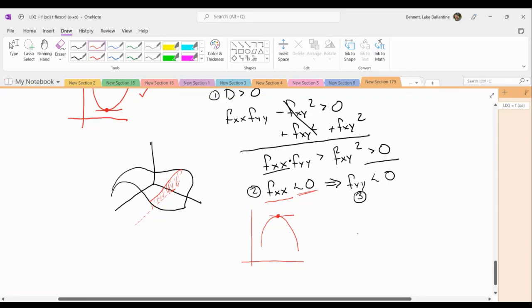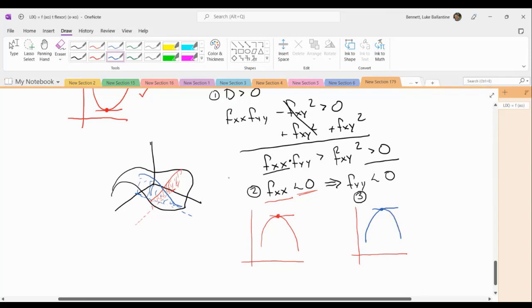And the only way to draw this other curve similarly: we fix an x value, trace it over here, and look at its image on the surface. We know that the first derivative is 0 at some point, and we also know that it's concave downward. So the only way to draw it is like this.